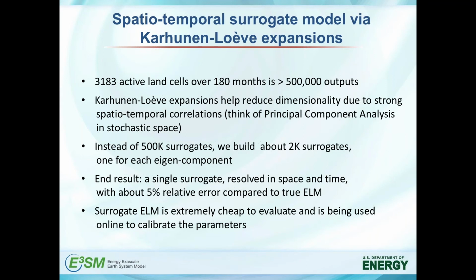So think of principal component analysis in stochastic space. We take those 500,000 outputs, and instead of developing surrogates for all of them, which would be very time consuming, we only build about 2,000 of them, one for each eigencomponent. The end result is a single surrogate that is resolved in space and time and has a relatively low relative error compared with the true ELM.